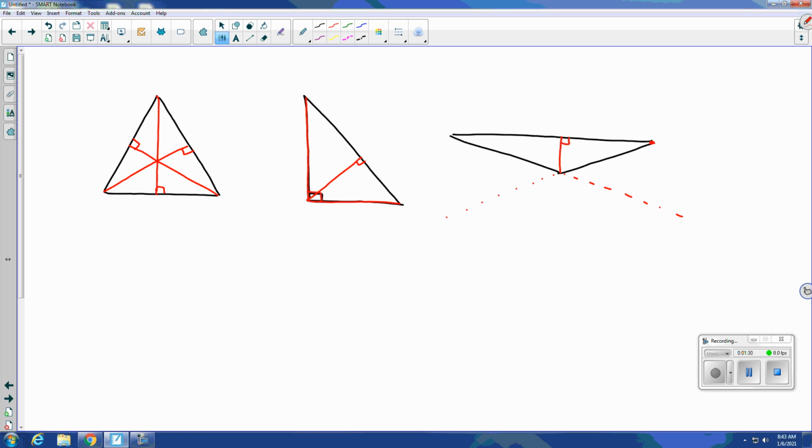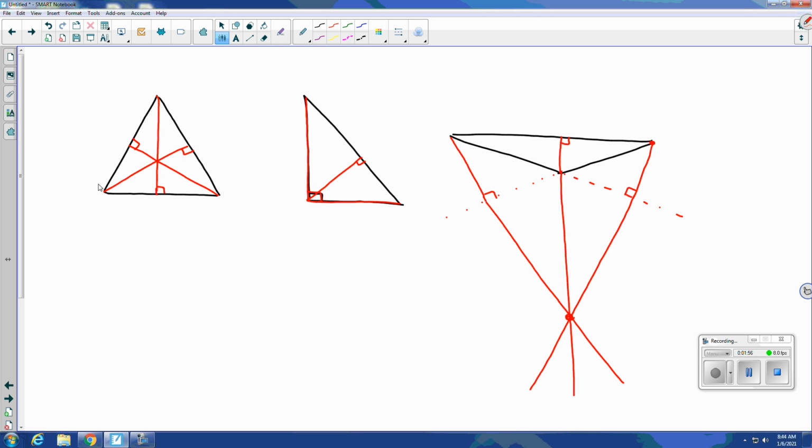Because now when we come from a vertex, we would have to run perpendicular to this extended line to measure the height. Now, the location of all three of these at the intersection point, we'll have to extend these out so that our orthocenter is clearly on the exterior of our triangle.